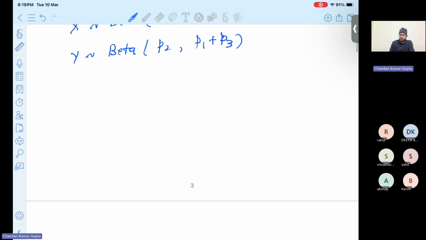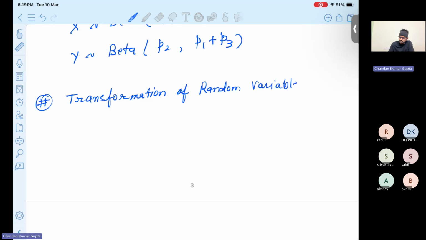Now there is one more topic, that is transformation of random variables.